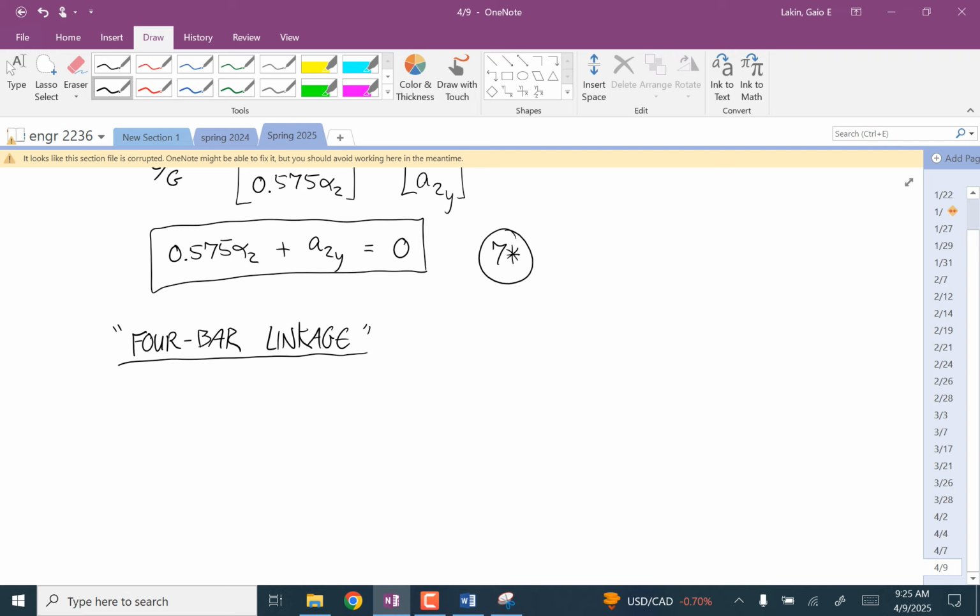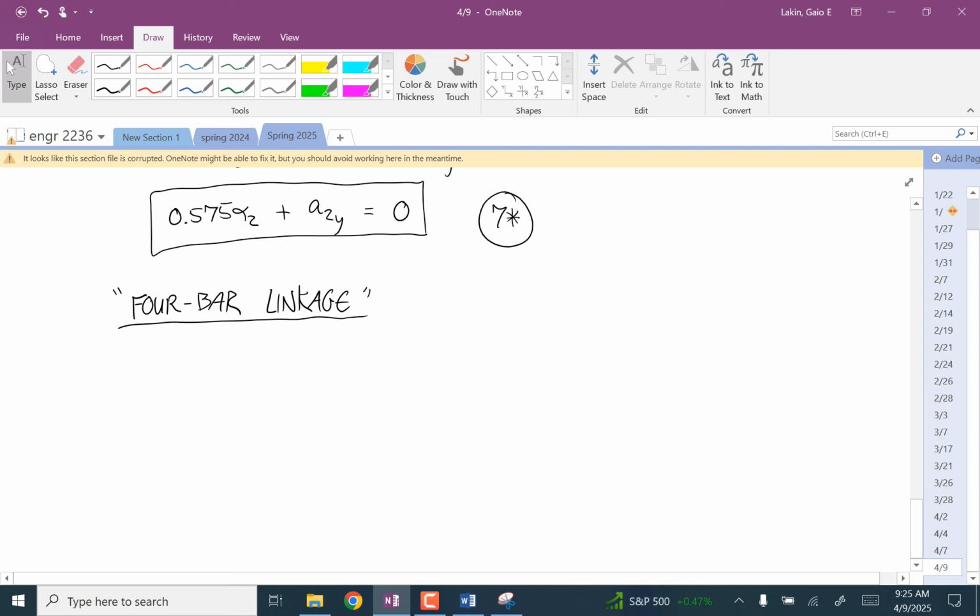We've done almost exclusively 3-member bodies, just to cut down on the number of equations and stuff. But a 4-bar linkage, I'm going to draw a simple one. So these are connected by pins.